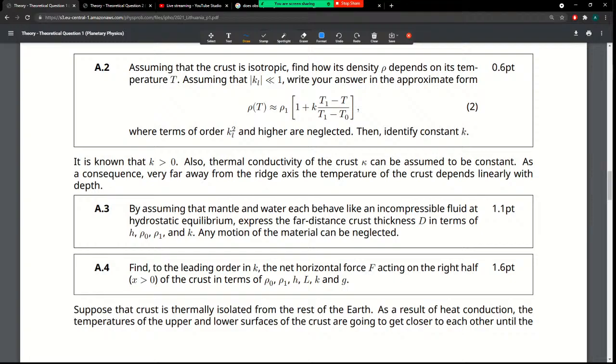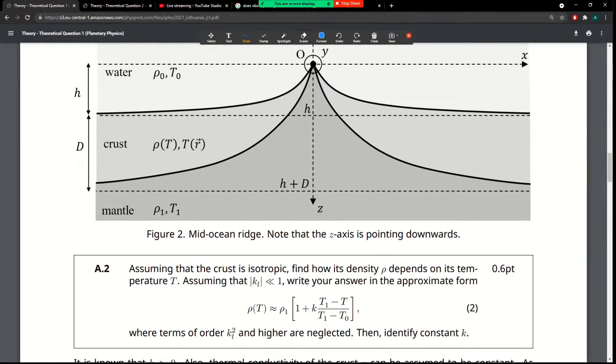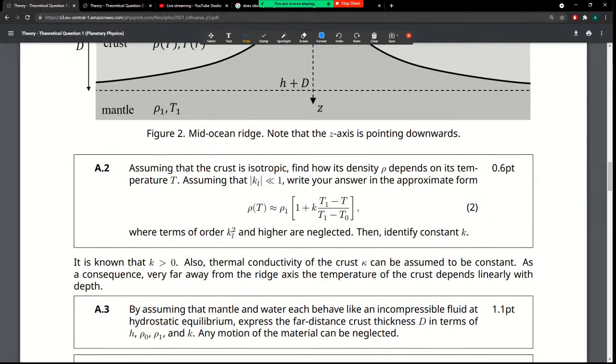Also, in the earlier part, it is given that T naught and T1 are constant, so we can use that also, for water and mantle.